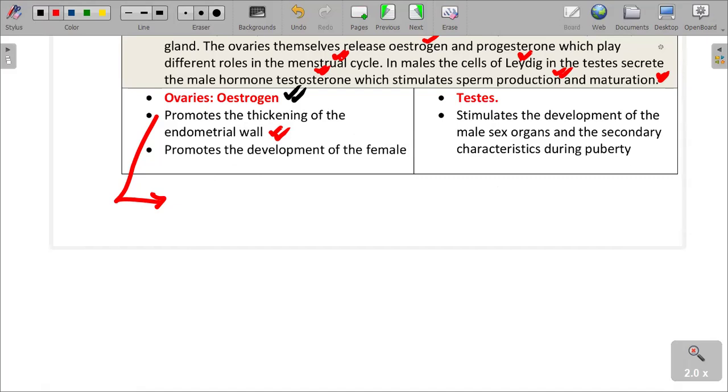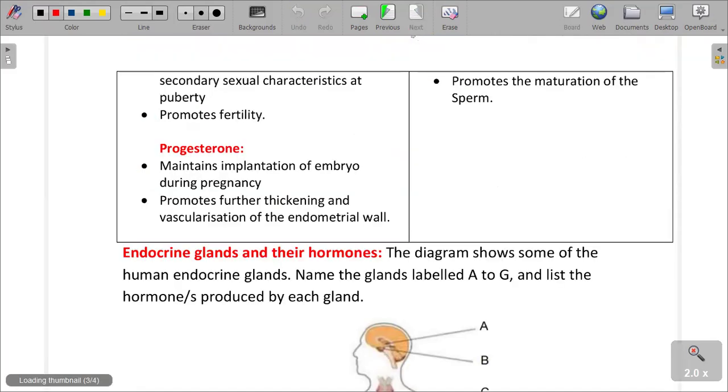But now I want you to understand that estrogen promotes the thickening, and also promotes the development of the female secondary characteristics at puberty. It also promotes fertility.